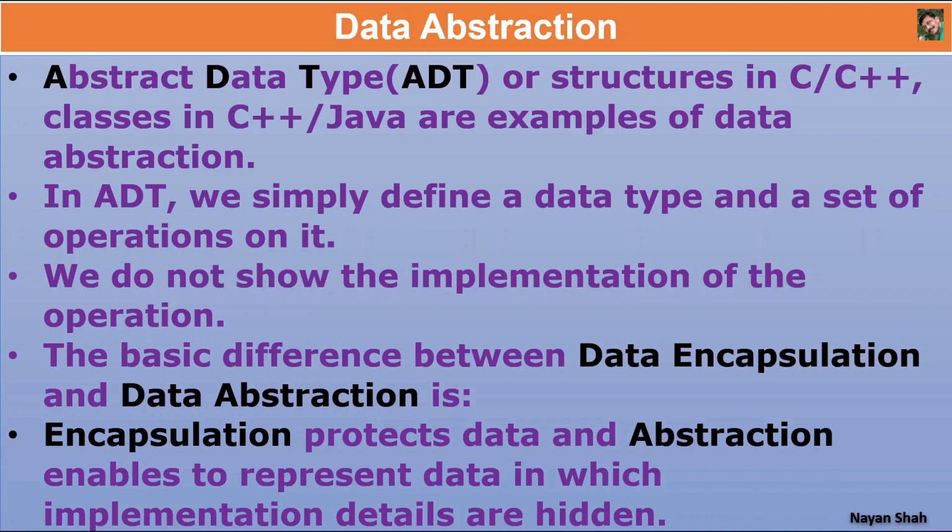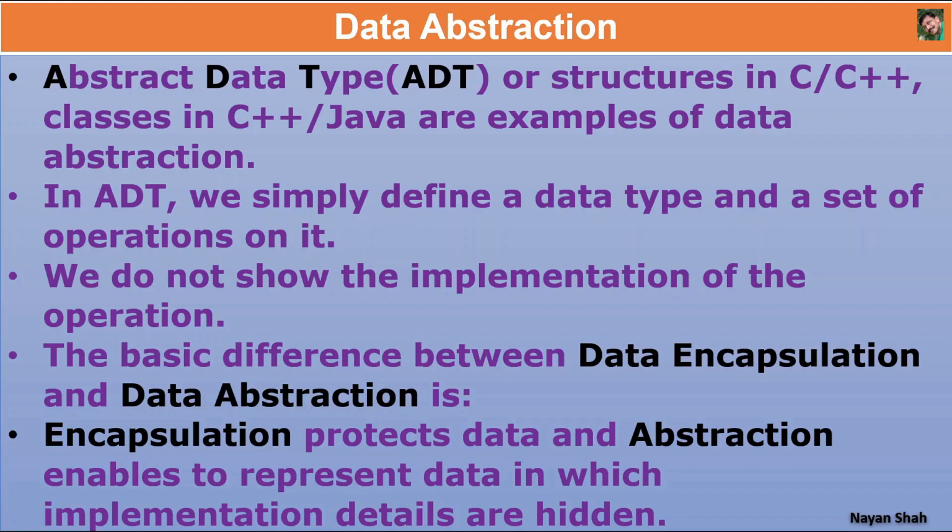But then when we create an object, we just pass the data from class to object, but we don't show how it is being done. So that is what an abstract data type is. In ADT, we simply define a data type and a set of operations on it. We don't show the implementation of the operations.